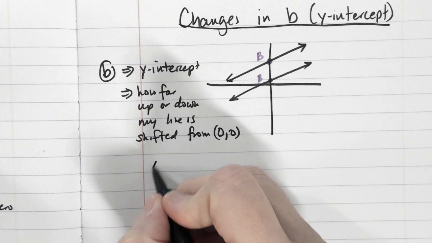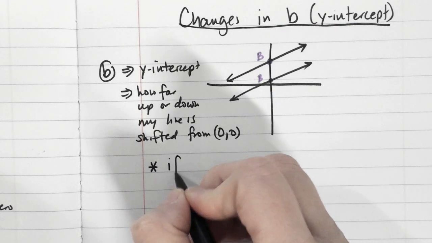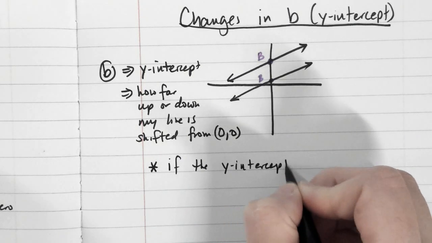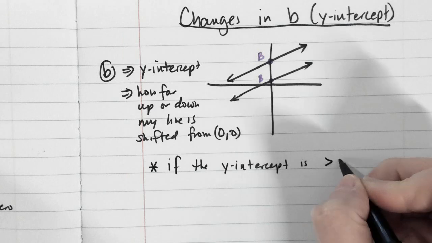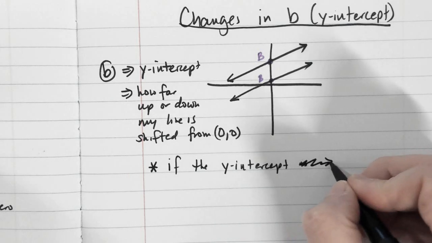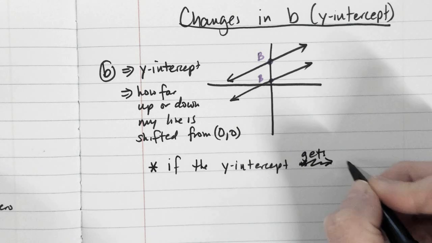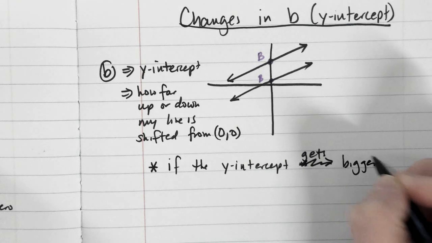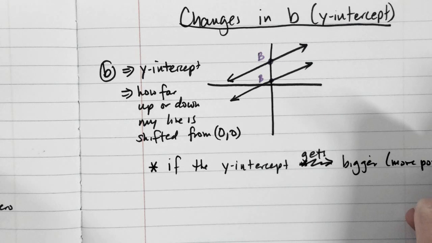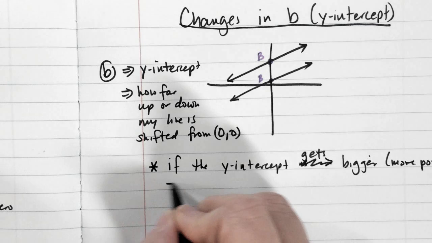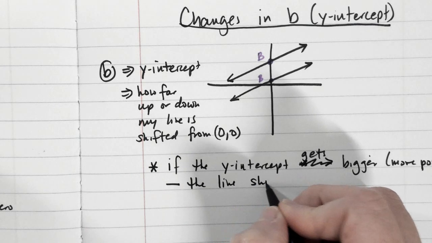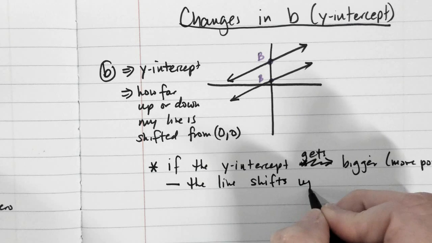So if the y-intercept gets bigger, or more positive, the line shifts up.